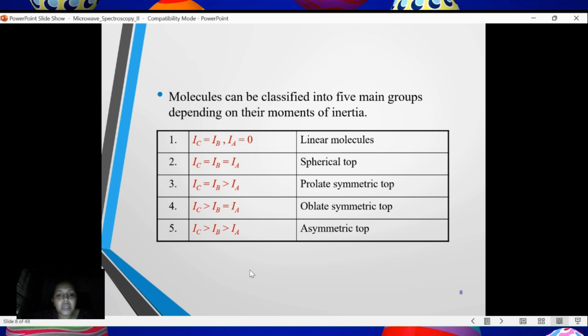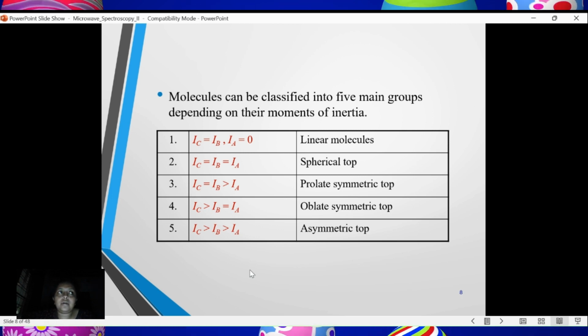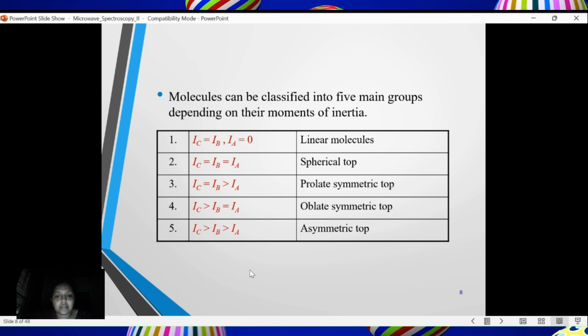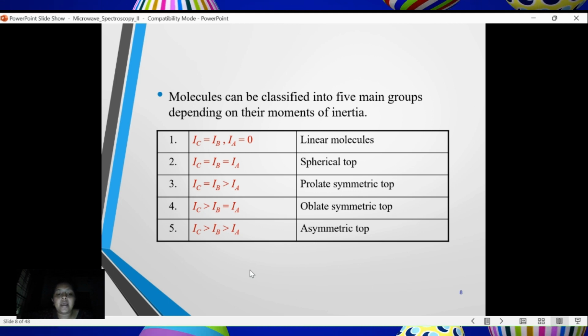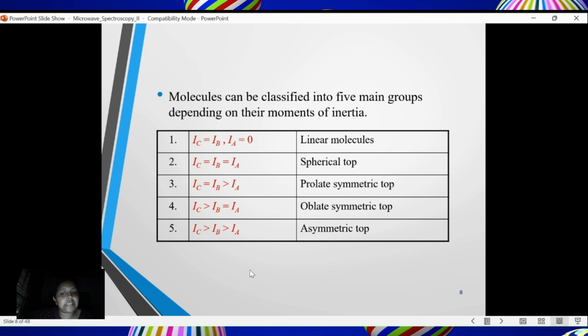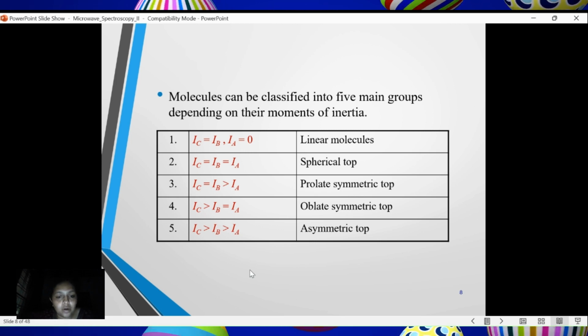If all three are equal, then it is considered a spherical top. And if the moment of inertia along the bond axis is less than the other two, but the other two are equal, then it is considered a prolate symmetric top.